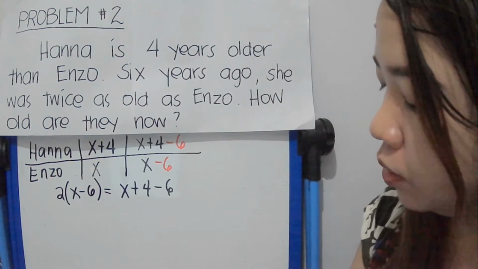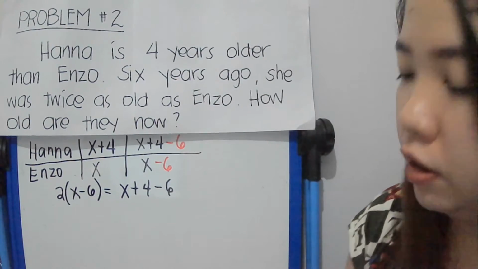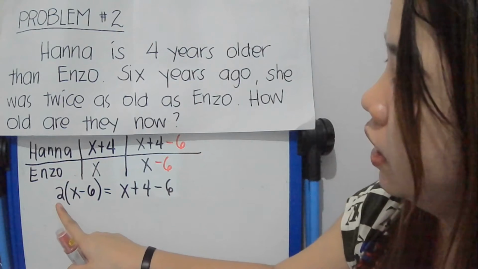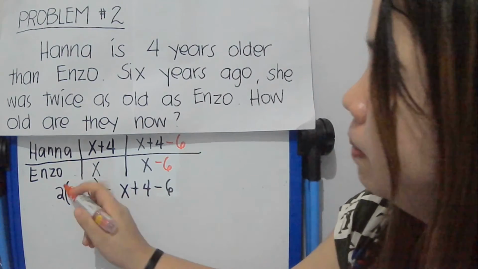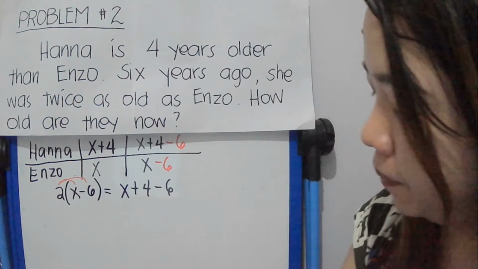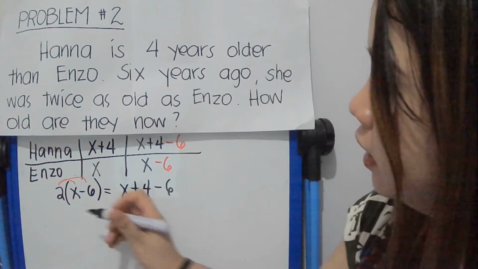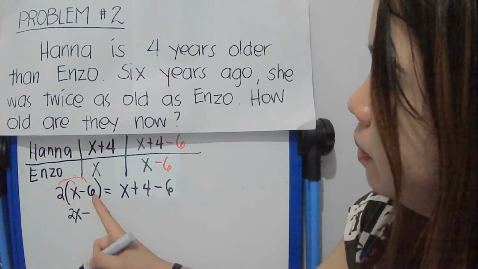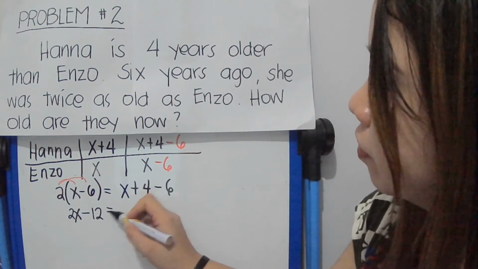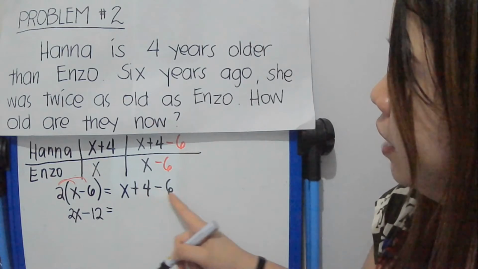So, apply natin yung pagsasolve. So, since you have here a term multiplied by a binomial, you have to distribute this to each term by multiplying it. Okay? So, 2 times x, that is 2x, minus, and then 2 times 6, we have 12. In here, we have 4 minus 6.